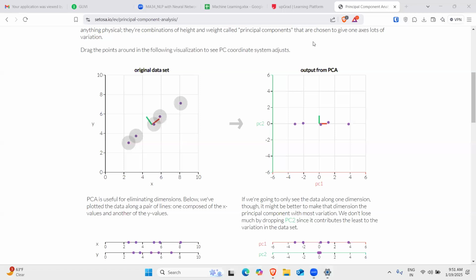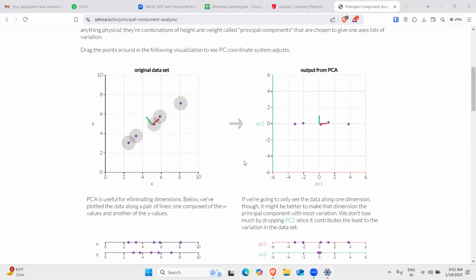We call these principal components. So my principal component one has maximum information, and principal component two, that is this vertical direction, has very little information, right?